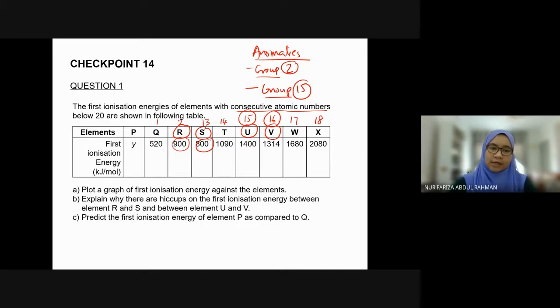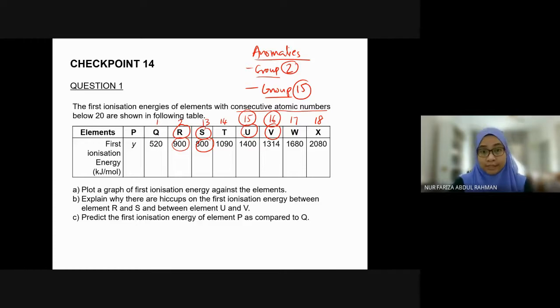Explain why there are hiccups. So we have predicted. First we need to know which group the hiccups belong to. So we have determined that R comes from group 2, U comes from group 15. Once we know that, we will be able to determine why there is a hiccup, why the anomalies happen for group 2 and group 15.